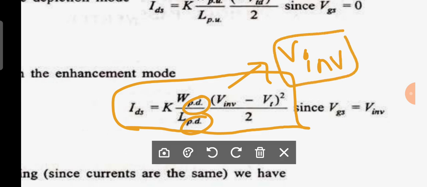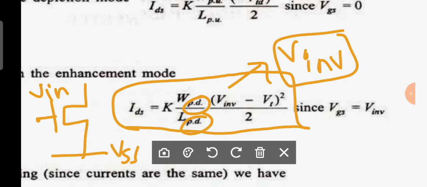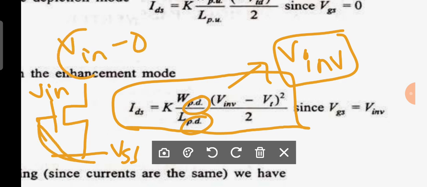Why? Because for an enhancement mode transistor, the gate is connected to Vin, and the source is connected to VSS. The difference between these two means Vin minus 0, that means it is equal to Vin. I can write this Vin as the inverting voltage. Are you clear, all of you?